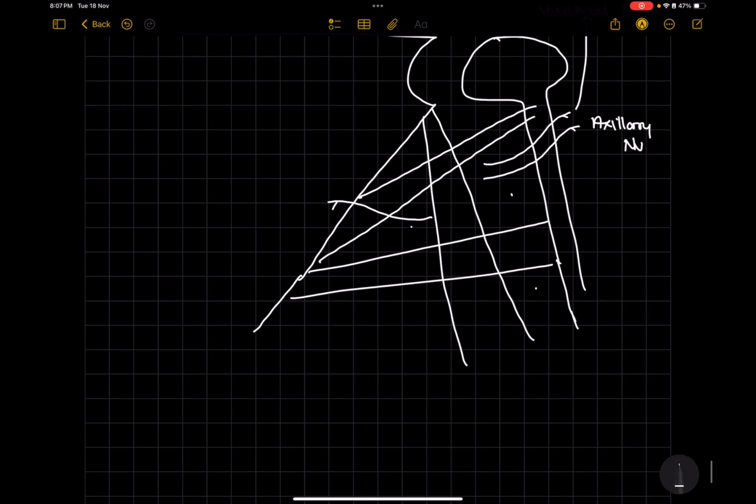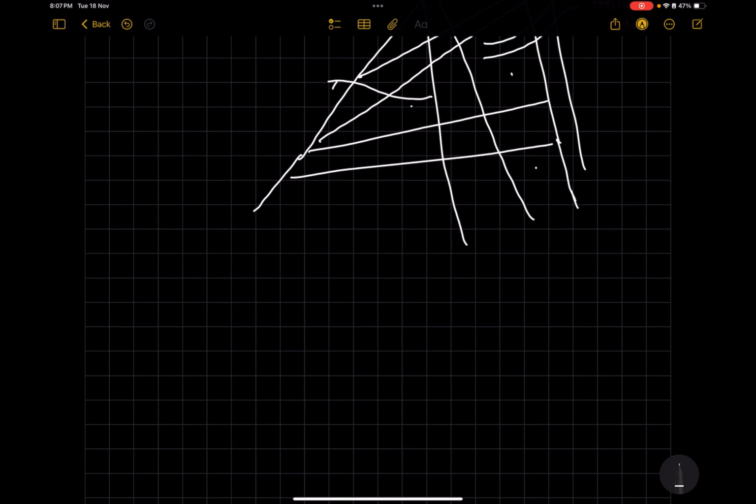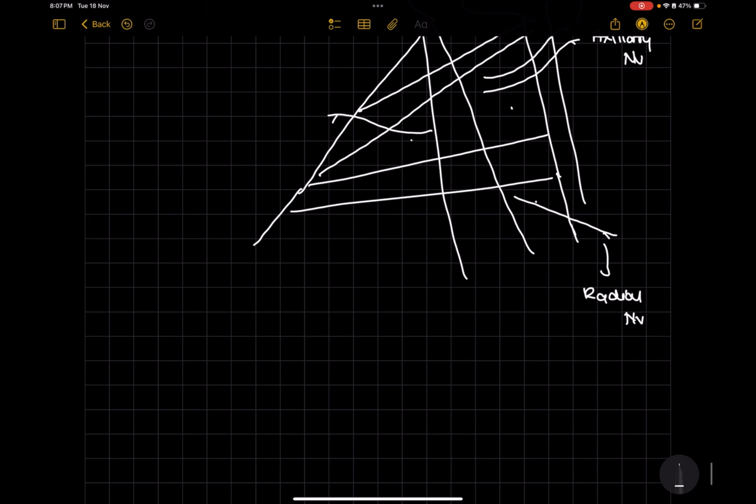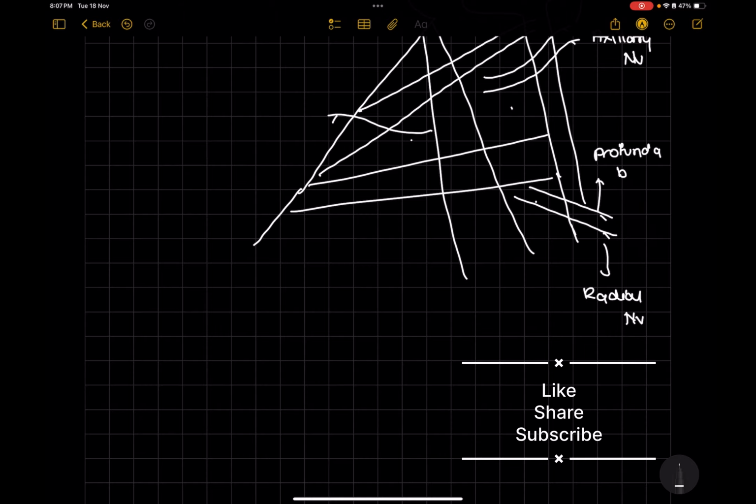And lastly in your lower triangular space, you have your radial nerve that is going into the radial groove. I didn't teach you that, but if you know, radial nerve, and along with that what do we have? Profunda brachii artery.